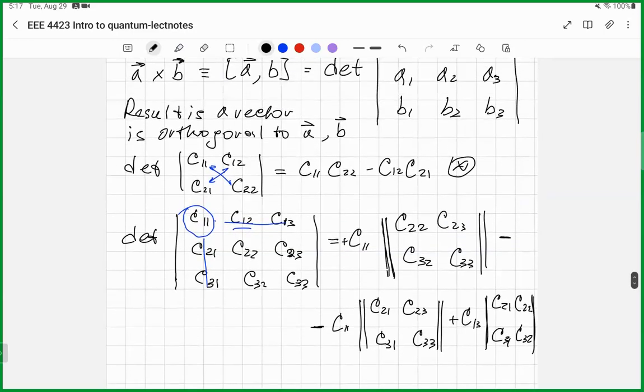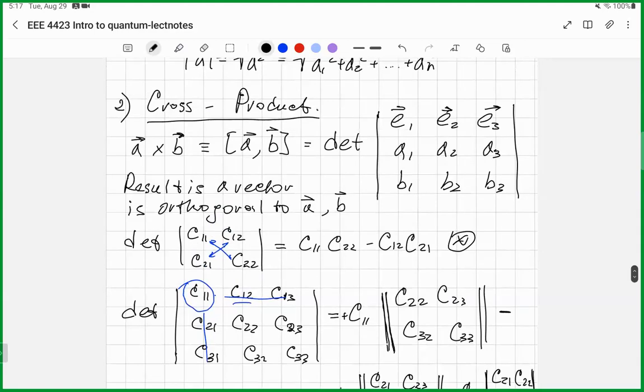And since the first row in this determinant is the corresponding basis vectors, the result will also be a vector.